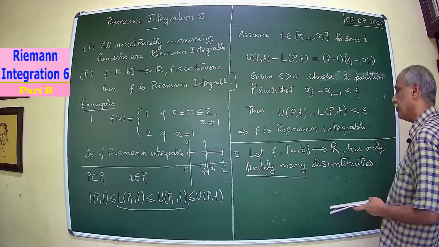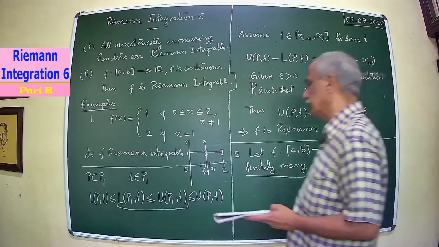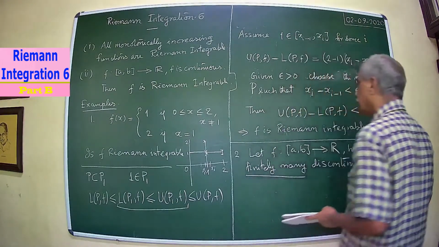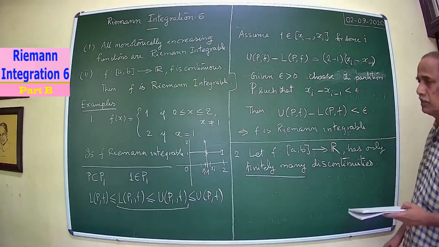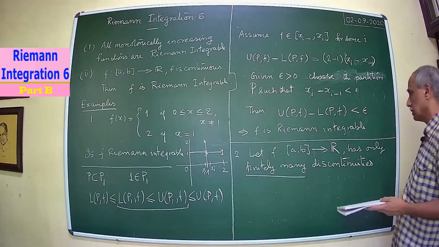That is, finitely many points where the function is discontinuous. Everywhere else the function is assumed to be continuous.